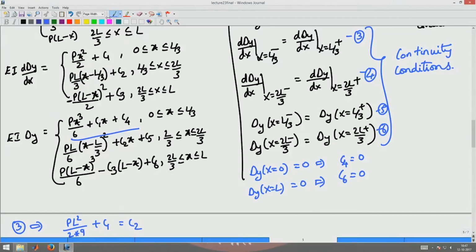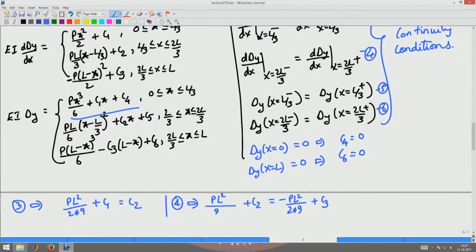Similarly, equation 4 gives me that at 2L by 3 minus it is P L square by 9 plus C2 must be equal to minus P L square by 2 into 9 plus C3.